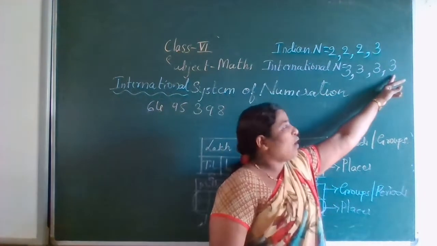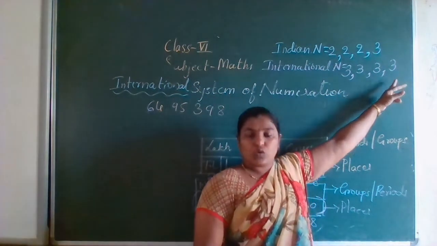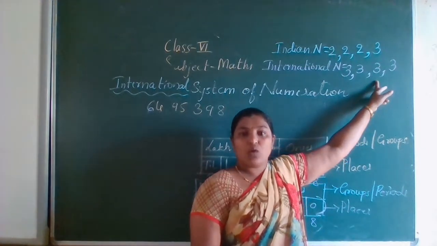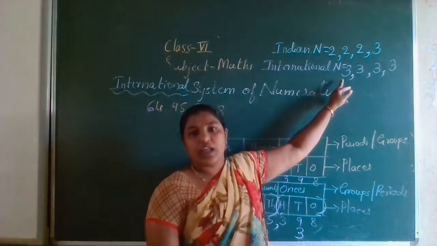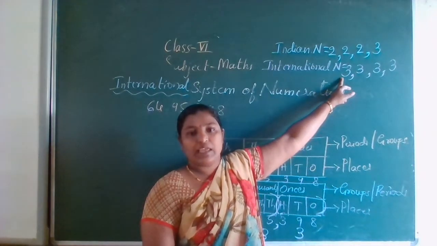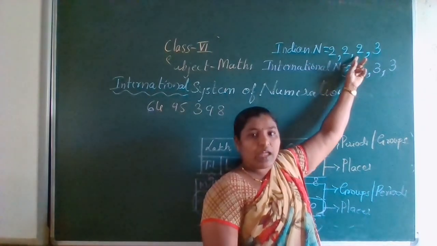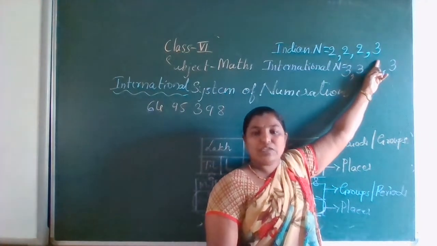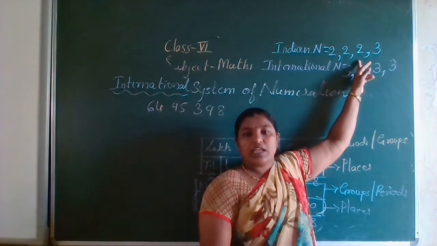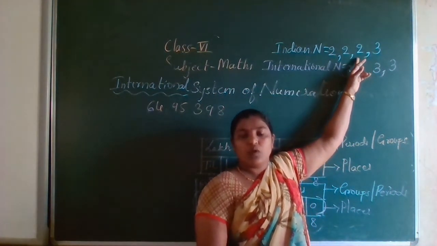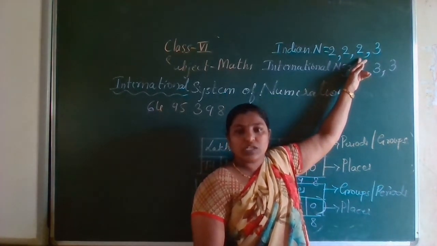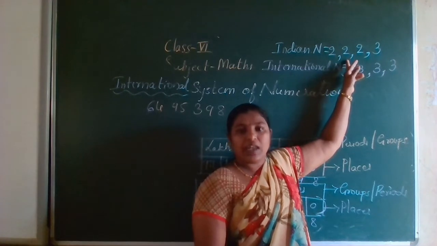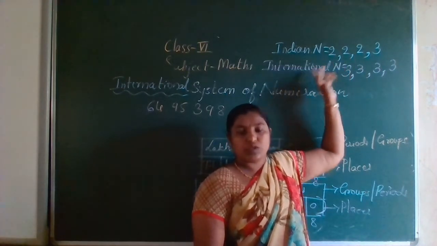First one is the ones period or group. Second one is the thousands period. Third one is the millions period. Then this is the billions period. What will it be in the Indian system? First one is the ones period, then the second one is the thousands period, then the lakhs period, then the crores period.